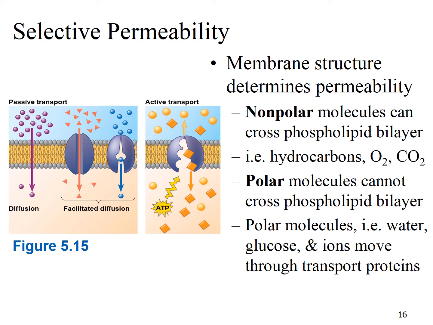Now, once in a while, the cell will actually move a molecule against the concentration gradient, and a lot of times these are ions, basically charged elements or molecules that the cell will invest energy to pump uphill or upstream.